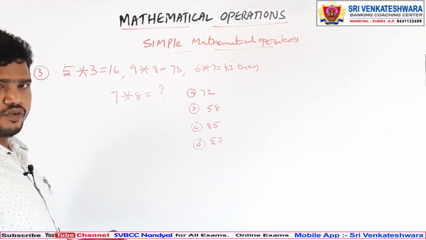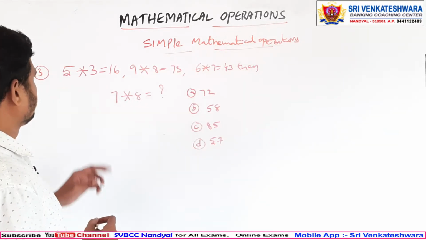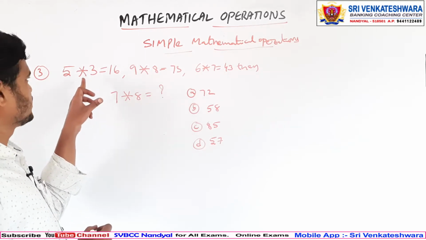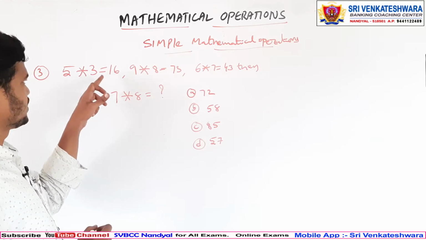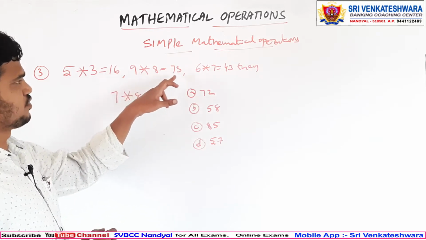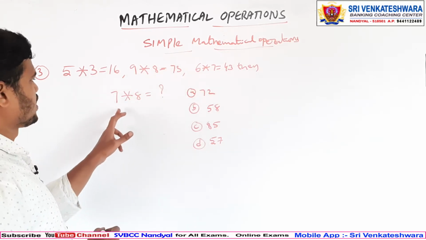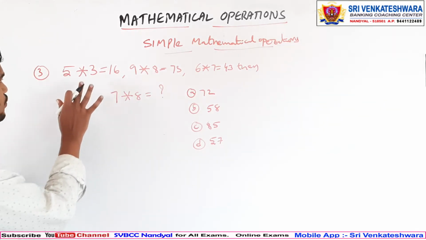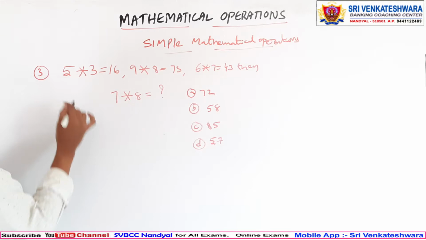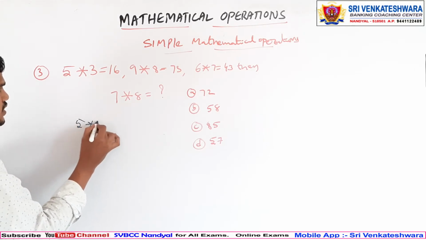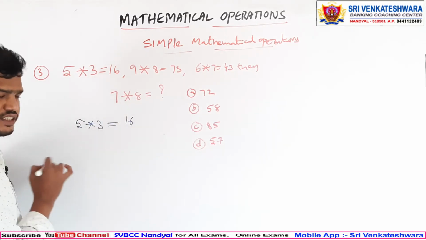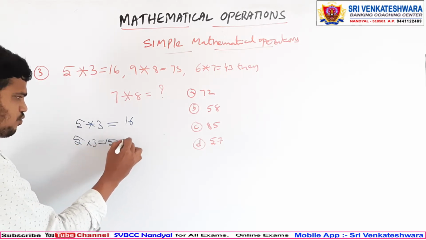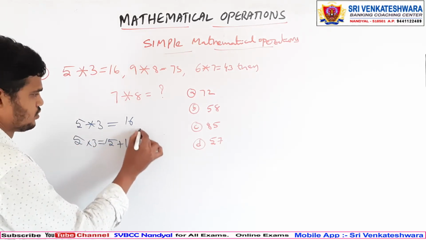Now we will go for another example. See here, it is not the multiplication symbol, it is the asterisk symbol. 5 asterisk 3 is equal to 16, 9 asterisk 8 is equal to 73 in this manner. So what is 7 asterisk 8 equal to? If you observe closely, 5 asterisk 3 is equal to 16 means 5 threes are 15 plus 1 is equal to 16.